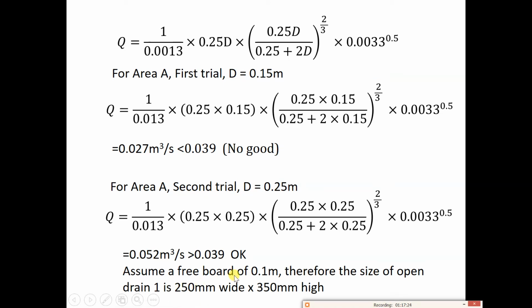Just now we talked about the freeboard for the bridge and for the cover as well. So the size of the open drain is 0.25, which is 250 mm wide, and then we have 0.25 depth, so the height will be plus 0.1 freeboard, so it becomes 350 mm high.